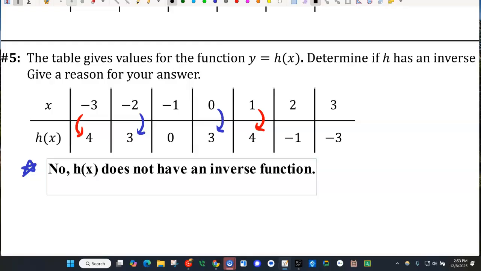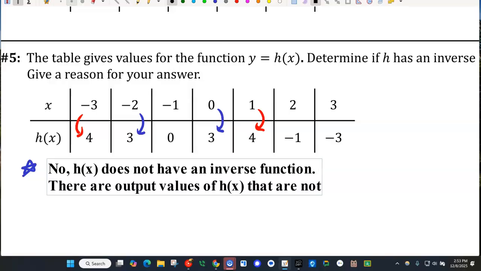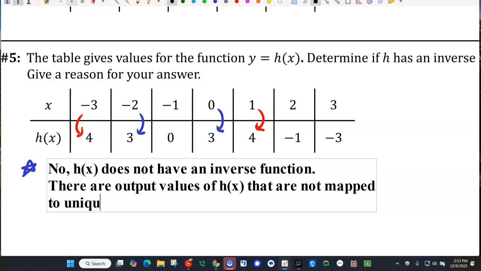You could say something to the effect, there are output values of h of x that are not mapped to unique input values. That's a fancy way of saying what we just did up here.